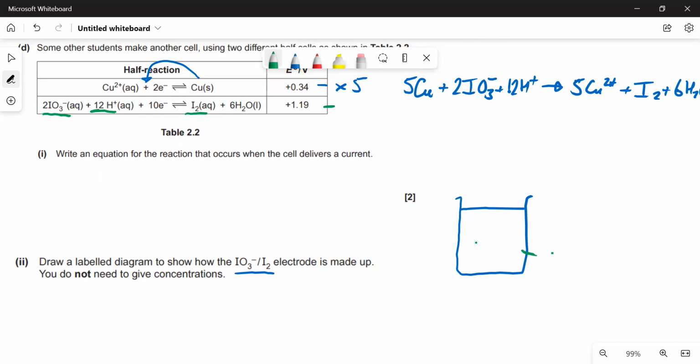So we've got I2, hydrogen ions from sulfuric acid or something, and some iodate ions. Now you'll need something to form an electrical connection there because we haven't got a metal there. So the standard thing to use is platinum. That will be our half cell.